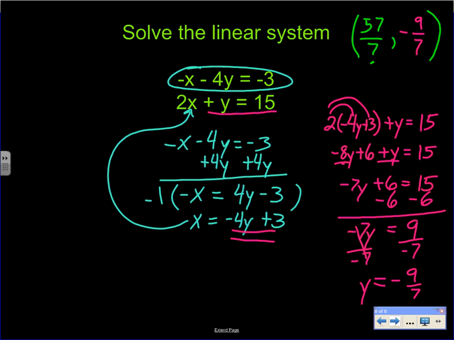It was six of one, half a dozen of the other as far as quickness in getting it done. So either way would work. It's just another different way. And it works quickly because we were able to get x by itself fairly quickly. So if you have any questions about that one, let me know.